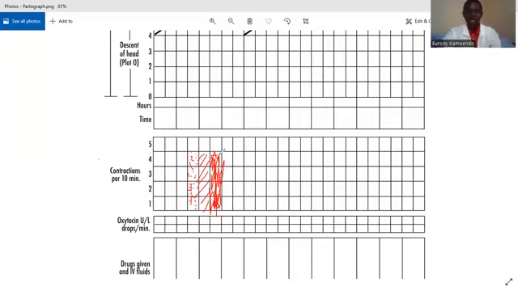And when you shade, it means that the 4 contractions you had felt, each contraction was lasting more than 40 seconds. If you use lines, it means that the contractions were between 20 to 40 seconds. If you use dots, it means that the contractions were less than 20 seconds per contraction.